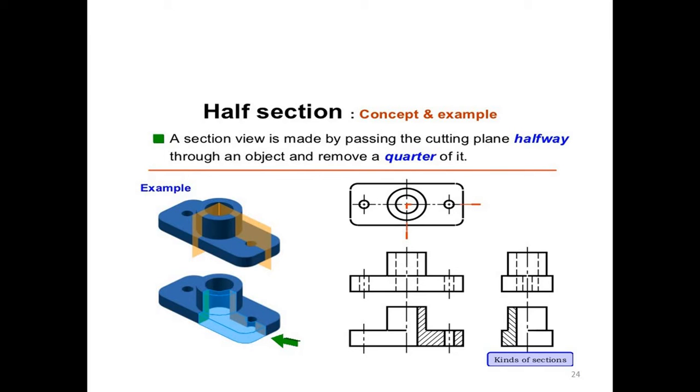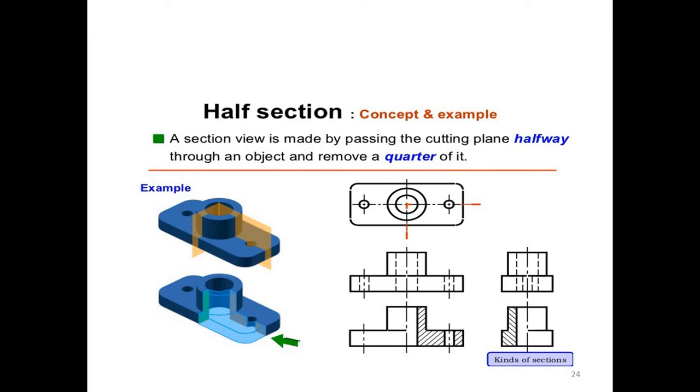Without section, the inside diameter and two small holes are invisible, so they are shown by dotted lines. But with the section taken by the red lines, which I will call section XX, it is clear that the inside hole as well as the small holes are visible.